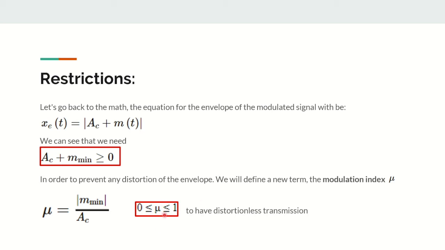In addition, we're going to define a new term, our modulation index mu, which is going to be equal to the absolute value of our minimum message amplitude divided by the amplitude of our carrier. And in this case, we are going to want to have our modulation index be between 0 and 1 in order to have no distortion.